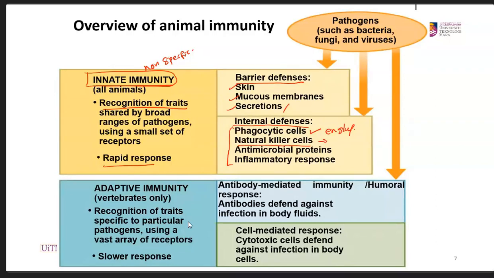Pathogen boleh masuk dalam cell host, kan? So the cell of the host that is infected will be destroyed by the natural killer cell. Natural killer cell dia tak kill directly the virus. It kills infected body cells, exposing the pathogen. And then antimicrobial proteins. Ini kita akan tengok explanation.